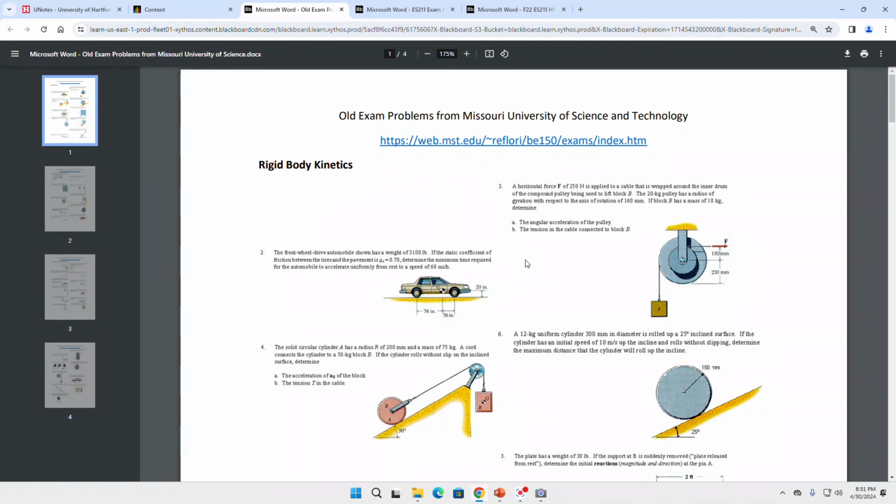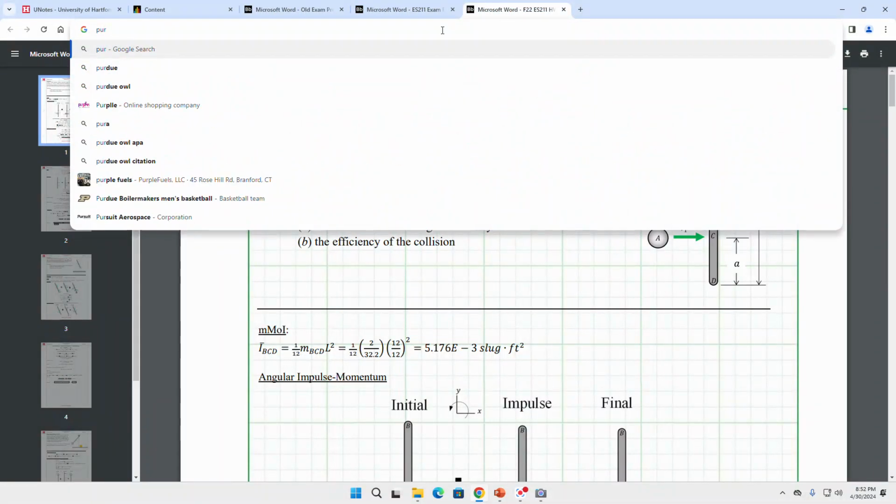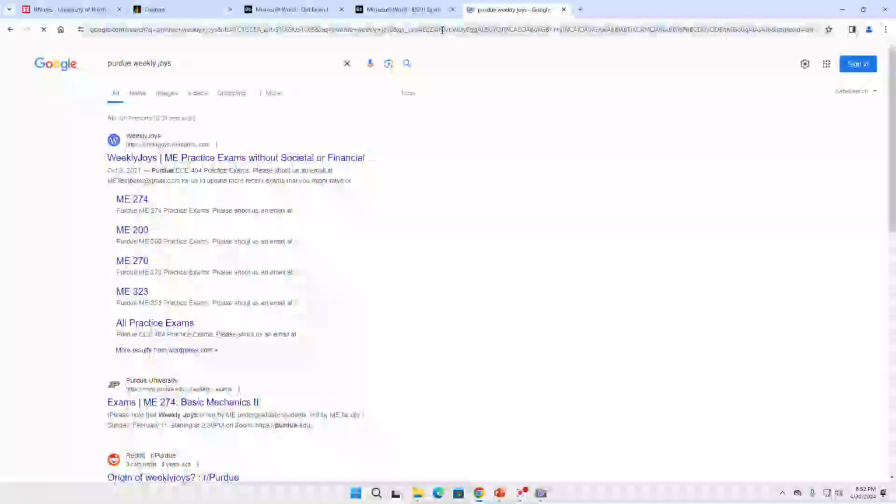I think all the professors are okay with it because on their course webpage, at least for dynamics, they link to it. You want to see the solutions, so you see all the exams? They call them weekly joys, and I don't know what that means. If you look up Purdue weekly joys, it's a weird name.